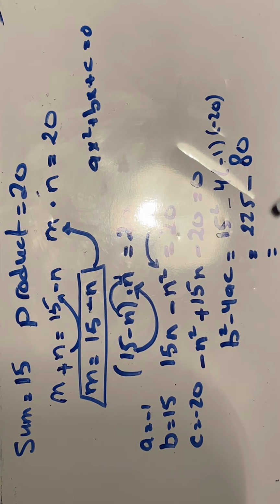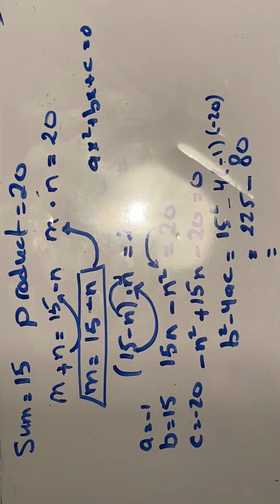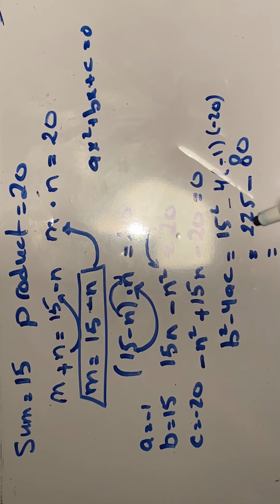Now technically I'm getting a positive number here. So 225 minus 80 is 145. That's positive. Then yes, I would have two solutions.